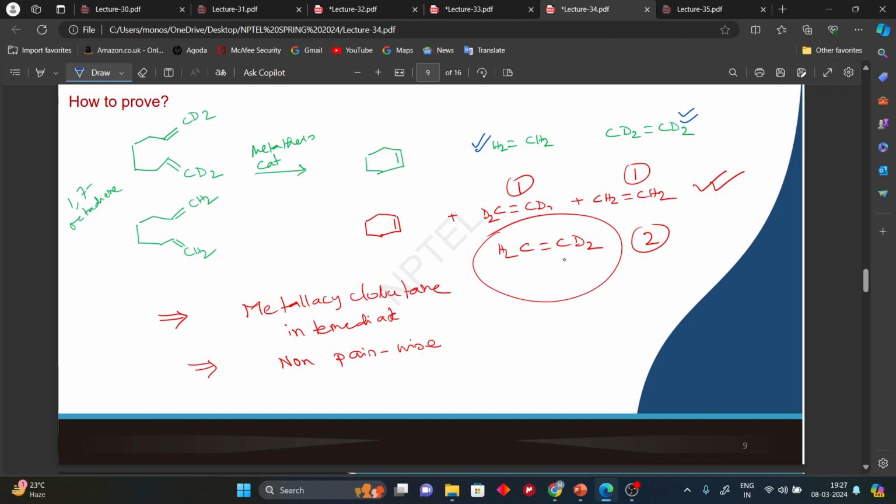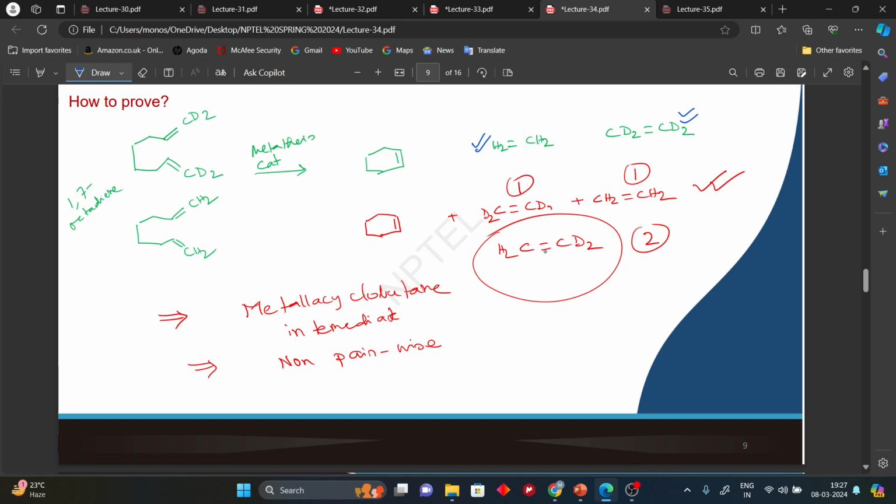In this way they have proven that it cannot be pairwise.